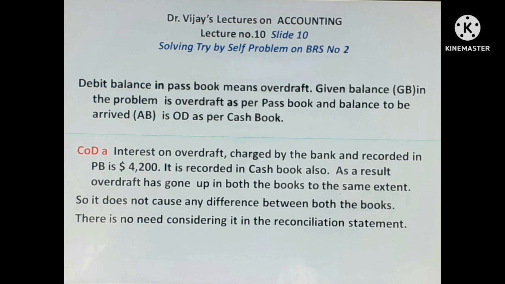The first cost of difference. Please read that carefully. Interest on overdraft charged by the bank and recorded in the passbook is $4,200. It is recorded in the cash book also, that is given. So it is not a cost of difference and there is no difference. Both the books show the same figure. So it need not be considered in the preparation of the bank reconciliation statement.